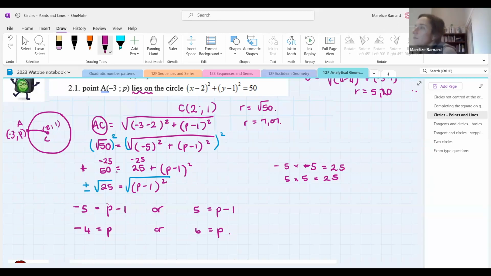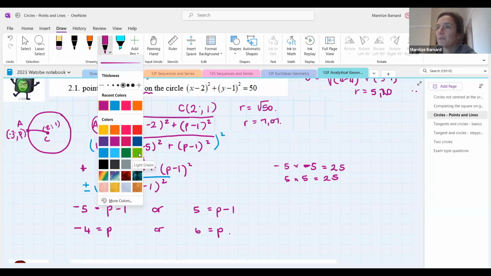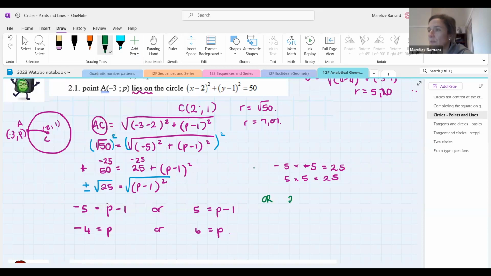Ma'am, why don't we distribute the square with p minus 1? You can. It's just a bit more work. So if you wanted to go 25 is equal to p minus 1 times p minus 1, then we have p squared minus 2p plus 1, and we have a quadratic that we have to solve.